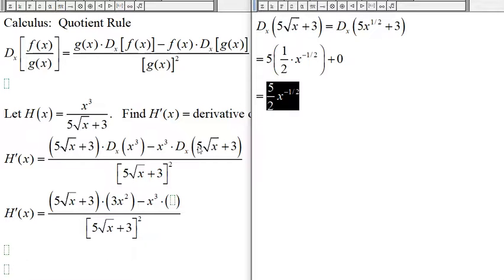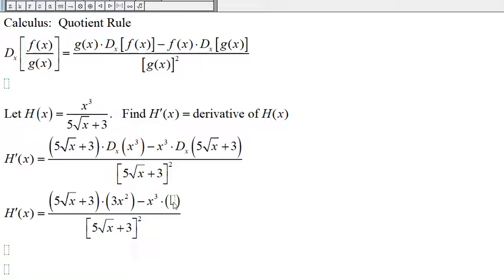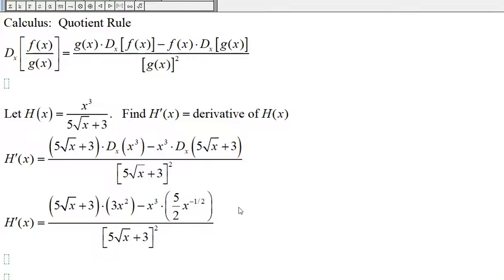And so the derivative of 5 times the square root of x plus 3 is 5/2 times x to the negative 1/2. And then we can simplify a little bit, or we can just leave it like this.